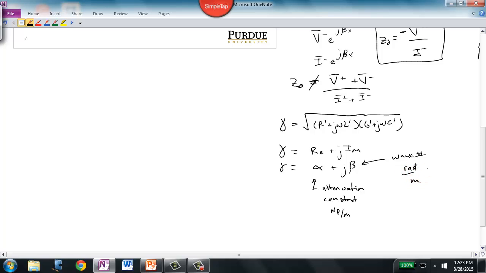And if you've forgotten where those come from, just remember that V of x comma t is equal to V peak cosine of omega t minus beta x plus theta. And that's for a lossless line. And for a lossy line, we've got V peak e to the minus alpha x cosine of omega t minus beta x plus phi.